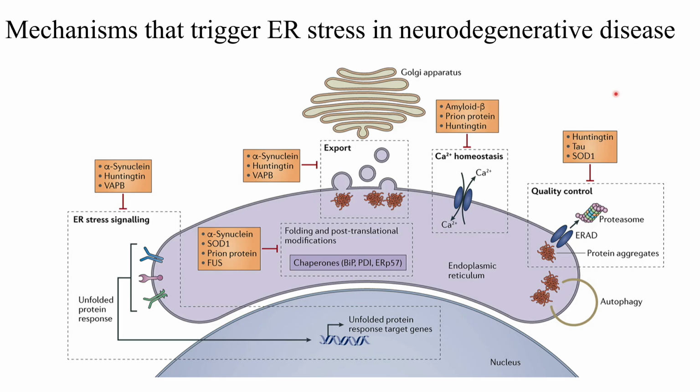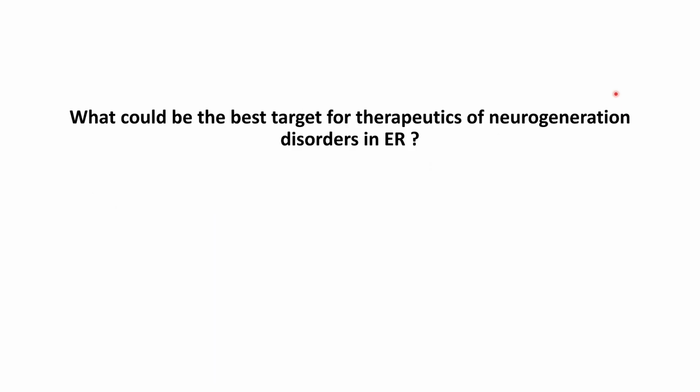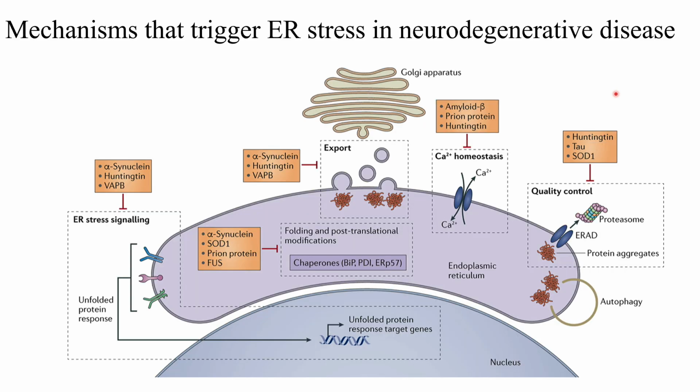Alright. So far everything is so complicated, and anything can be a target, but they have their own limitations. We can also use microRNAs here, which can suppress these proteins. MicroRNAs to suppress protein aggregation.